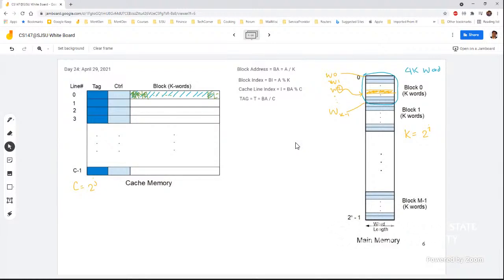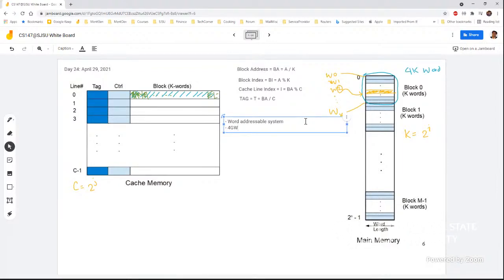Now let's take an example. Let's take a word addressable system. Let me describe that system. The entire main memory has 4 gig words, which practically means we are talking about 4 gig addresses.